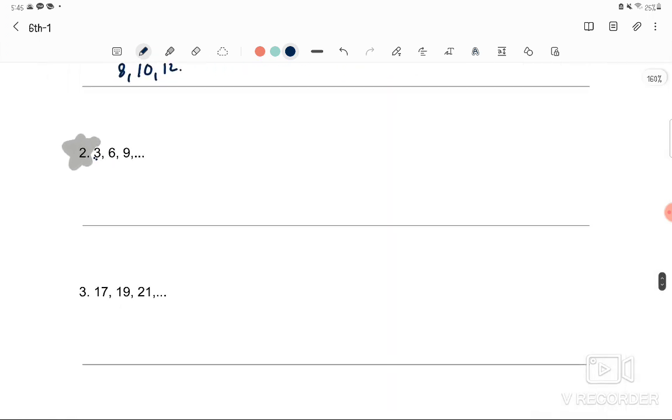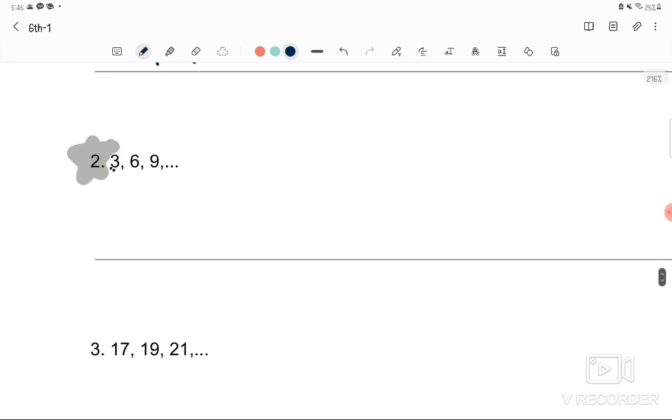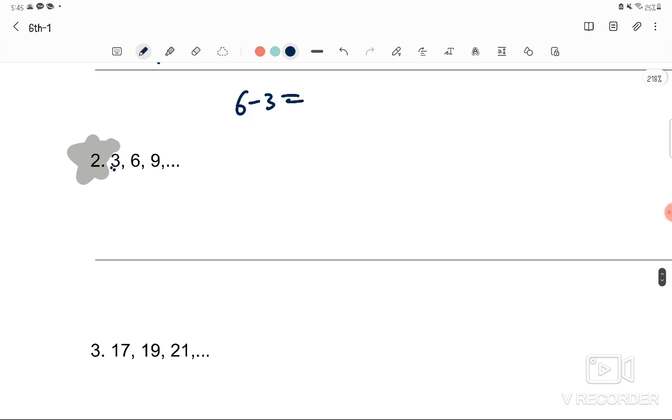Okay, let's do number 2. Number 2 is kind of a special case where there are multiple ways of finding the sequence and getting the same answer. What I mean by that is 6 minus 3 is 3, and 9 minus 6 is also 3. So I can assume that it's plus 3. 3 plus 3 is 6, and 6 plus 3 is 9.